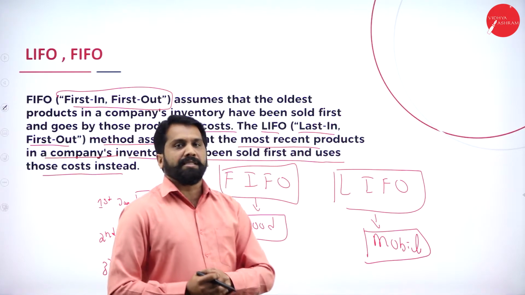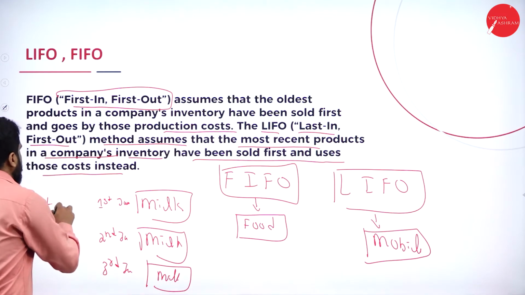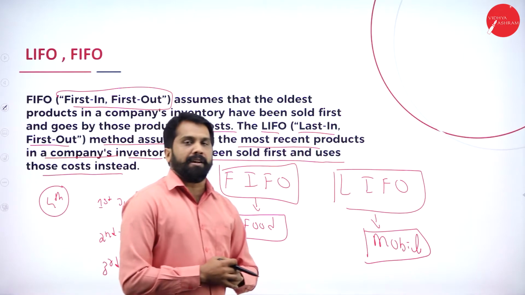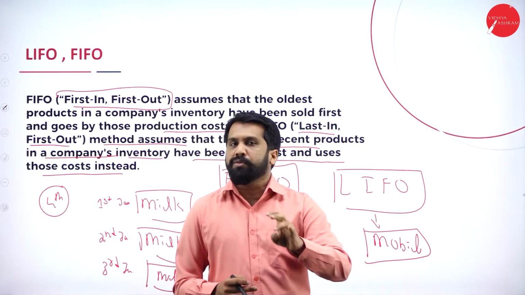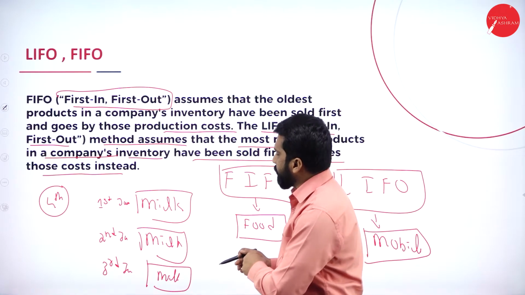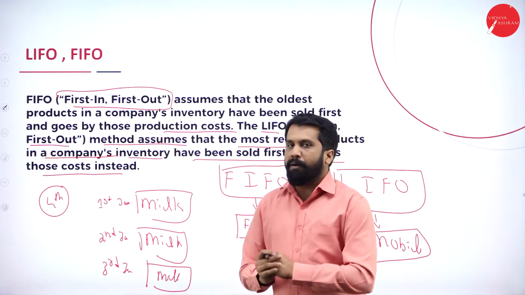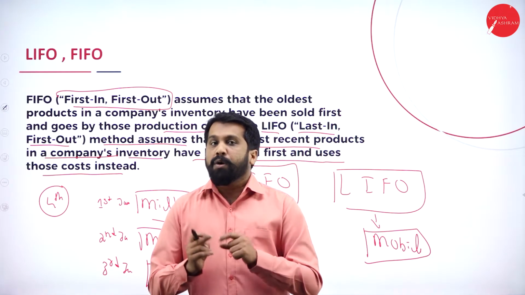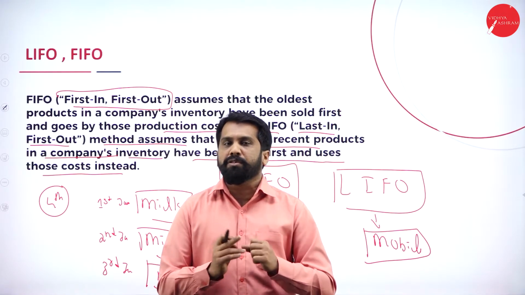Now on the 4th your family members came. How many packets are there in your refrigerator? 1, 2, 3, bought on 1st January, 2nd January, 3rd January. If you're a normal person, which packet will you use first?